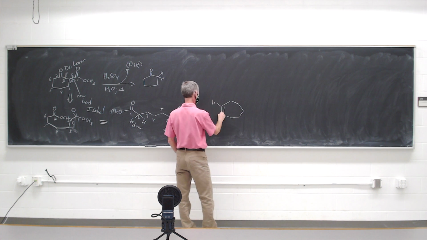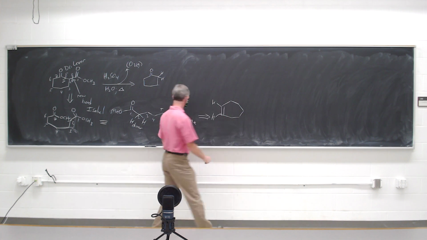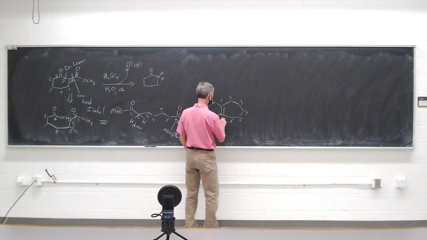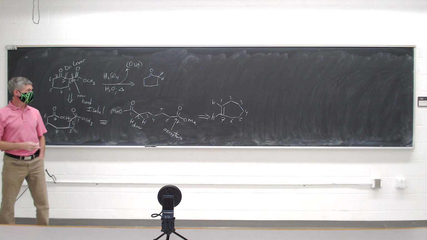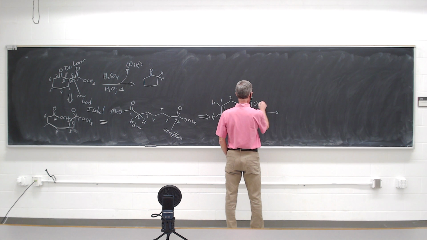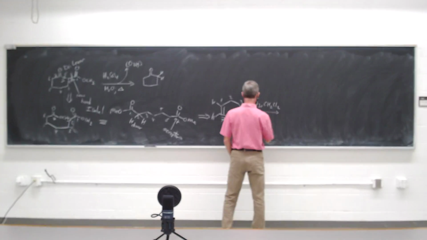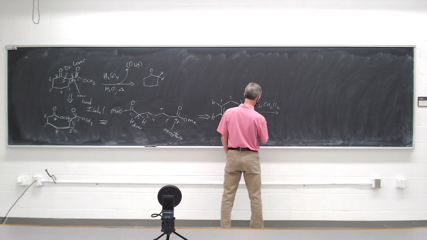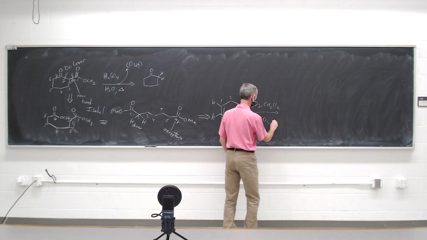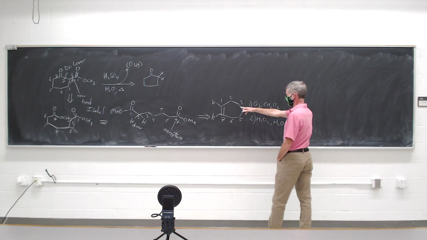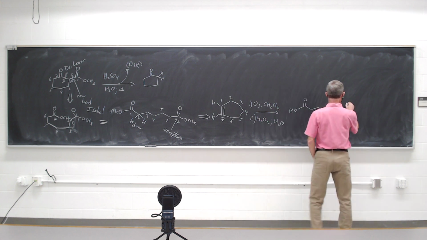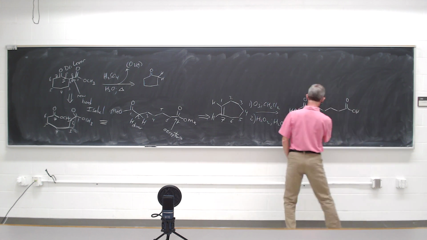And this could have come from this. If I start with cycloheptene, treat cycloheptene with ozone, dichloromethane, followed by hydrogen peroxide, I will get the dicarboxylic acid, 1,7-heptanedioic acid.